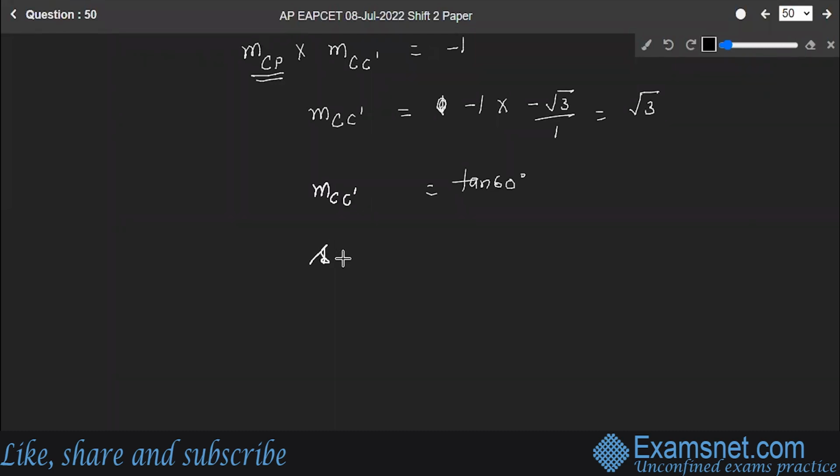Slope can also be written as tan theta. So tan theta is equal to root 3, which gives you theta is equal to 60 degrees. That means the line CC dash is making an angle of 60 degrees.